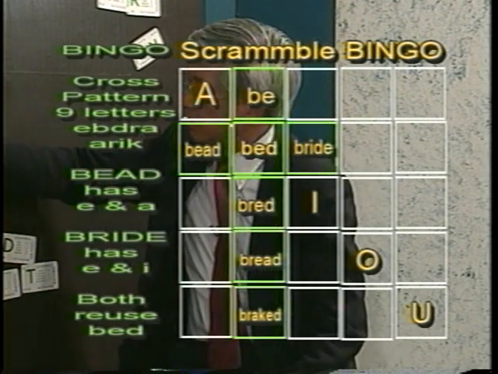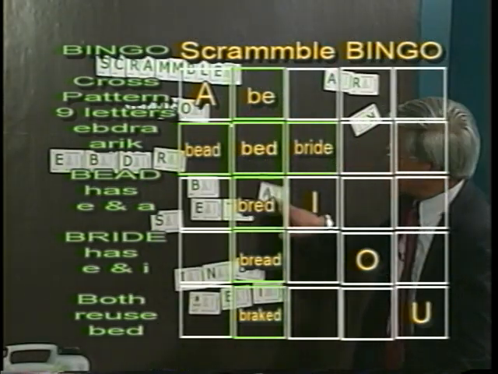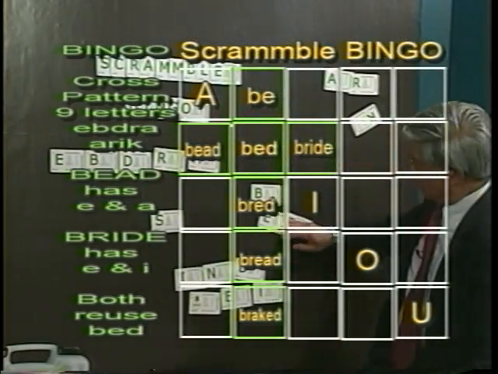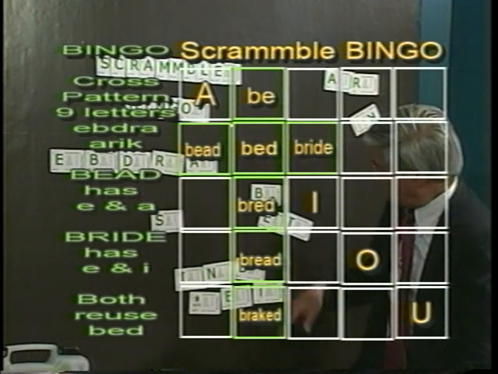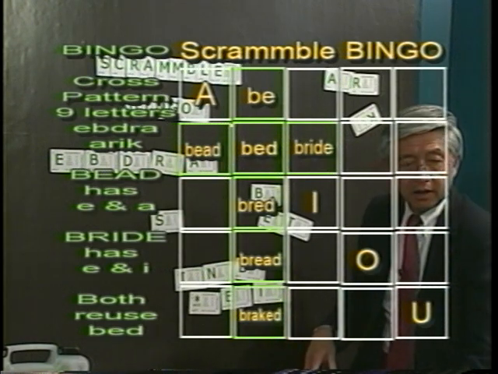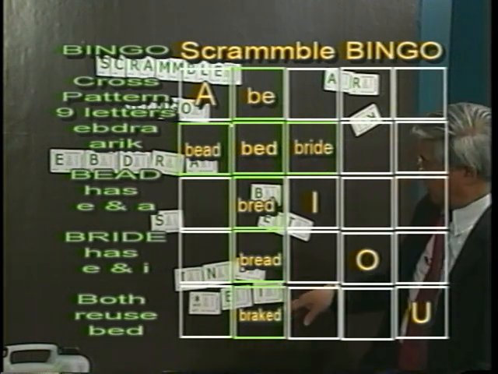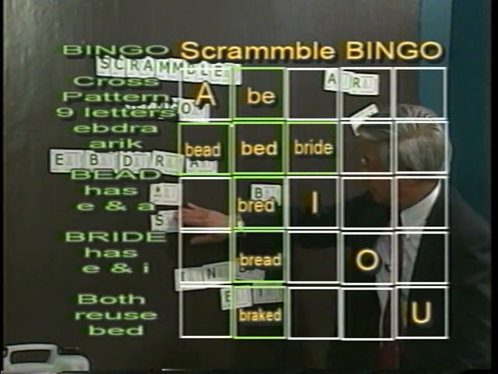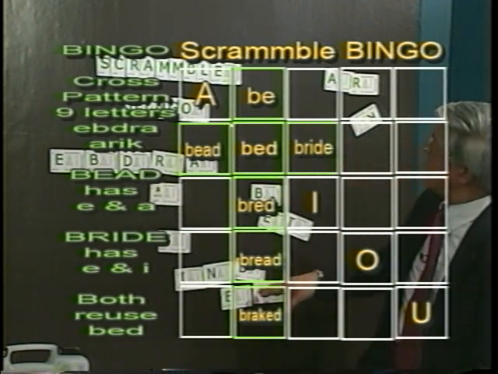Okay, E, B, D, R, A. B, D, R, K, A, and A, R. Oh, I don't have it. Let's say this is A. Okay, we need another R somewhere.